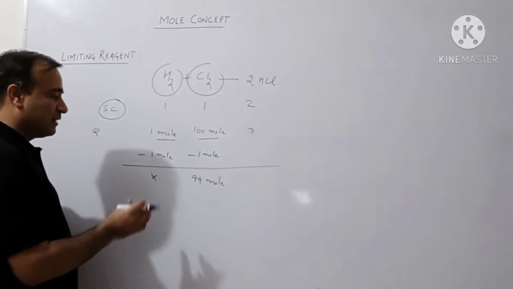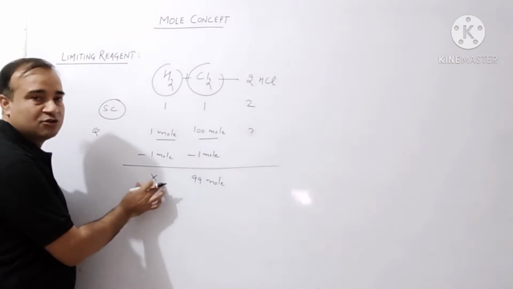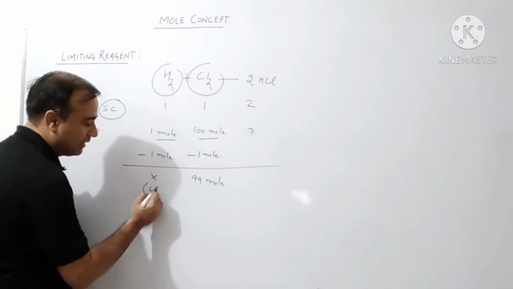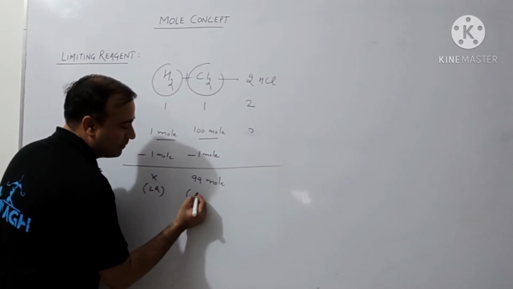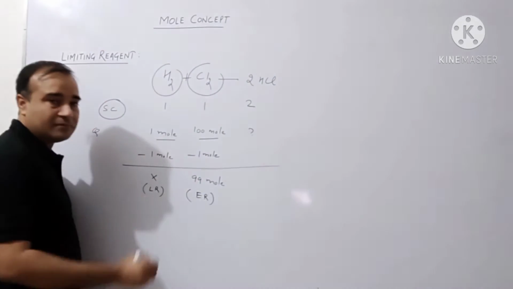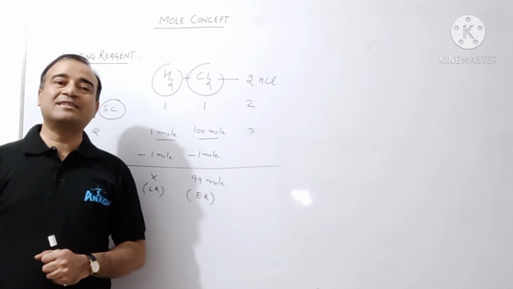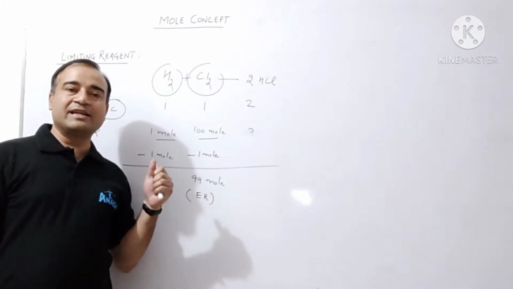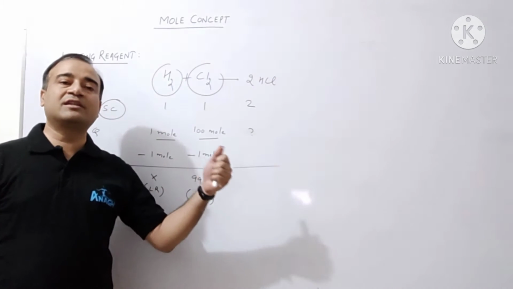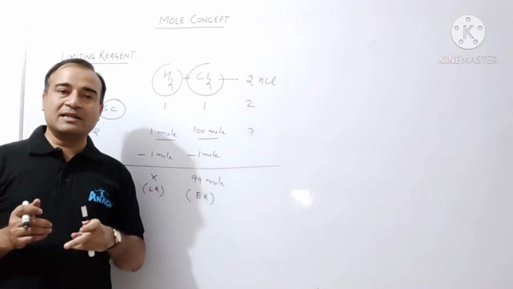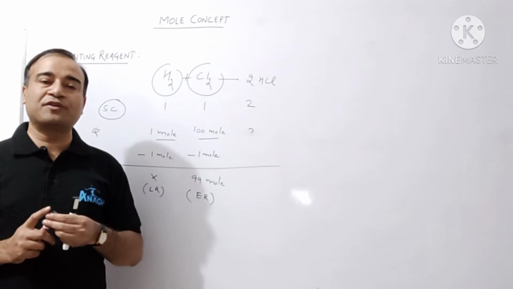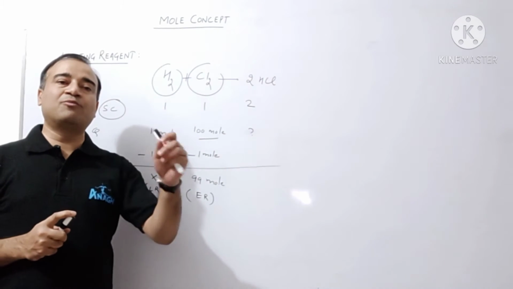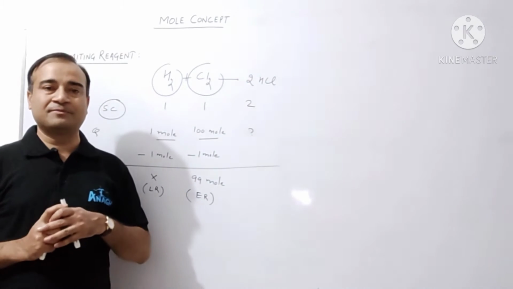So we can say the reagent which is completely consumed is called the limiting reagent, and the reagent which remains unreacted is called the excess reagent. So we can determine which reagent is the limiting reagent and which is the excess reagent by just looking at their stoichiometric coefficients as well as the number of moles of these reactants given.